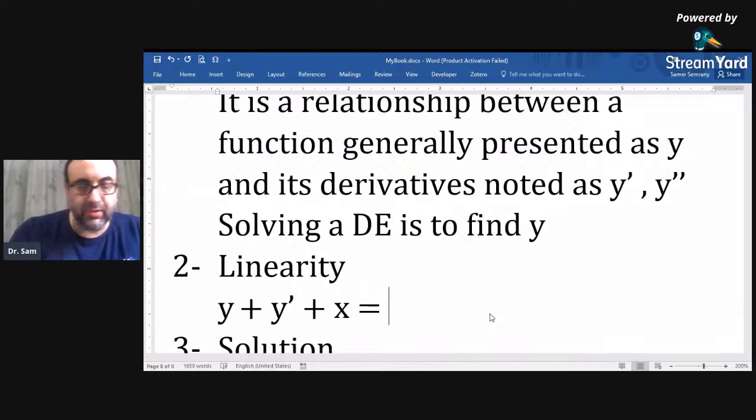That is a linear equation. So the linear equations, we can solve them. Okay, so it is a linear differential equation.